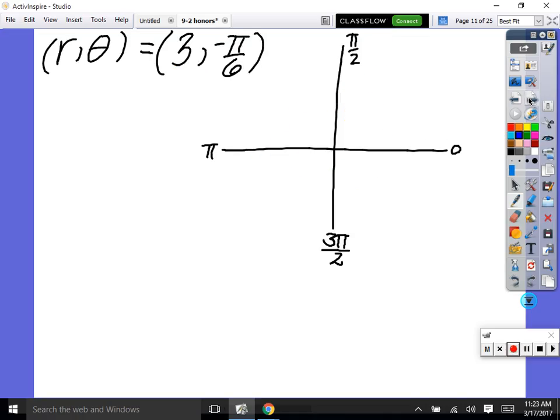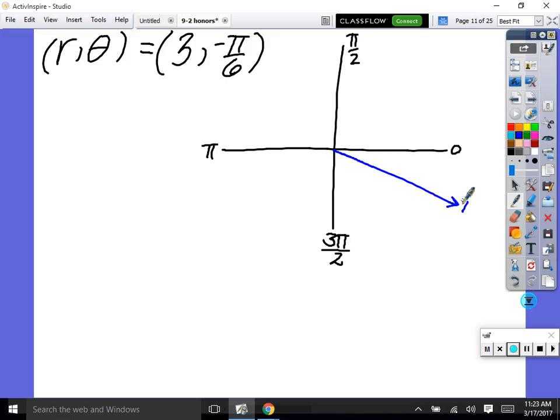Okay, let's graph this one. Here we go. You always graph theta first. So we're going down negative pi over 6. So that's going down about this much. That's negative 30 degrees, just keep in mind. It might be useful in a minute to have a unit circle so you can be locating that when you get a chance.